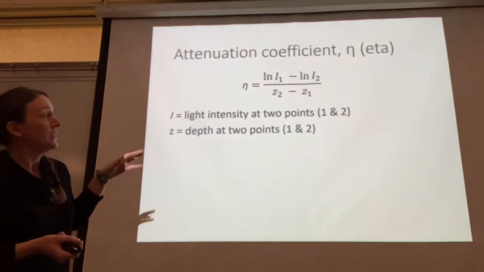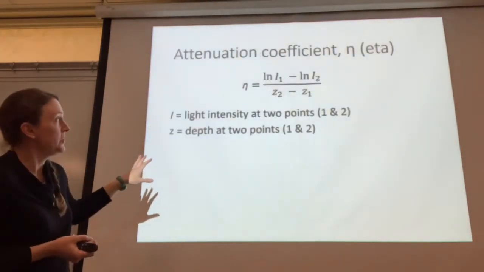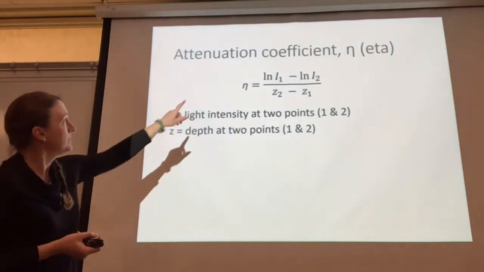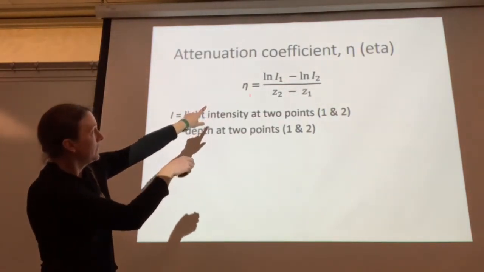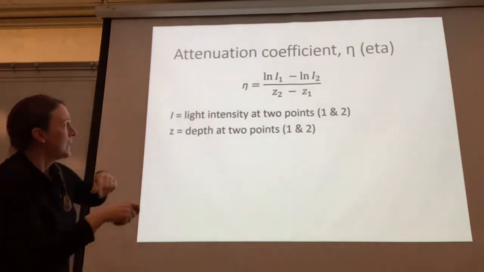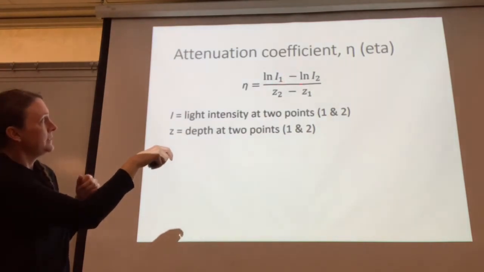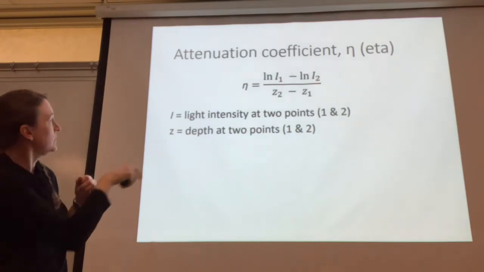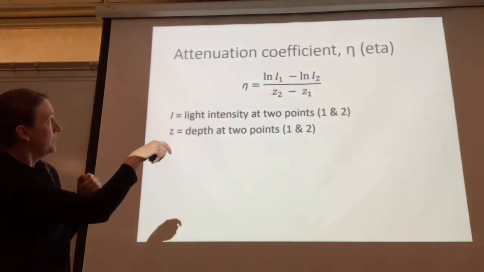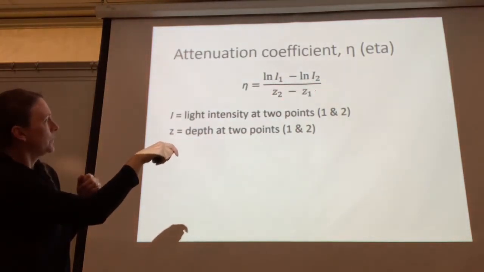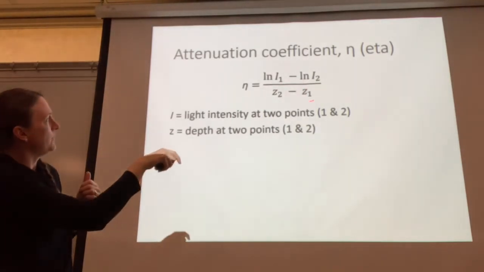Okay, you can calculate this attenuation coefficient. It's called eta, this little kind of N looking thing. And by taking the natural log of the light intensity at point 1 minus the light intensity at point 2, so this could be the surface versus 10 meters or 20 meters, and the depth at point 1 and point 2. I don't know if I got those backwards. I hope I didn't.